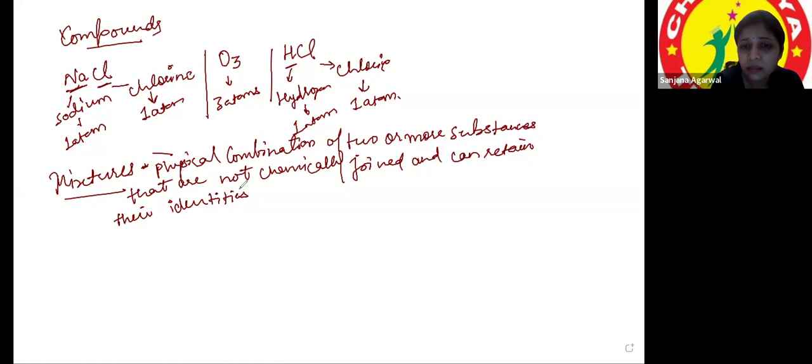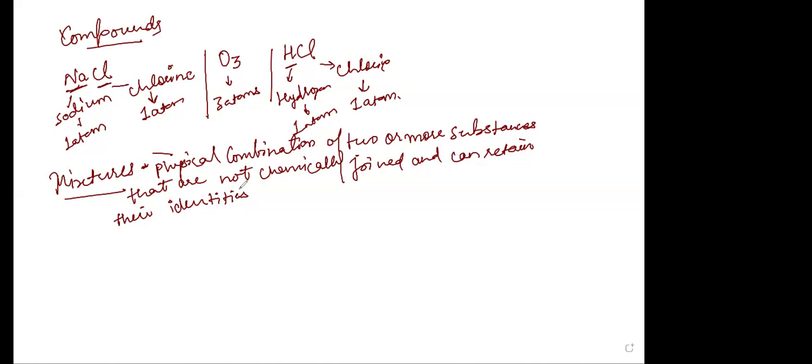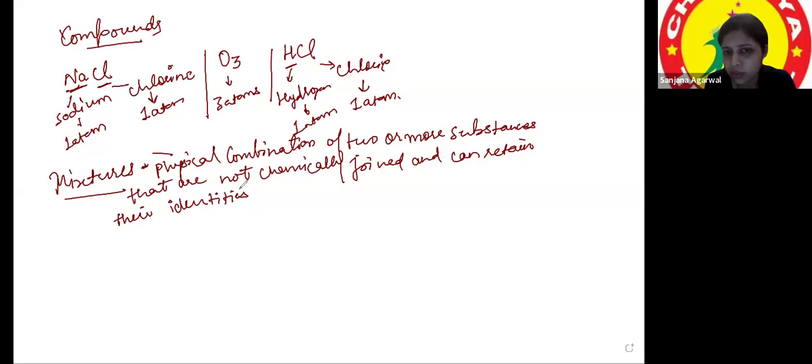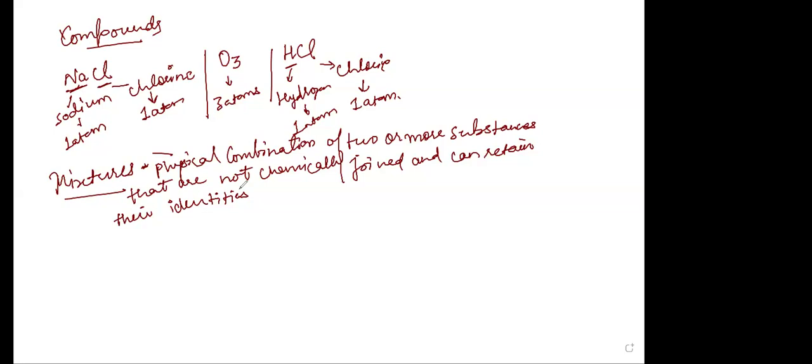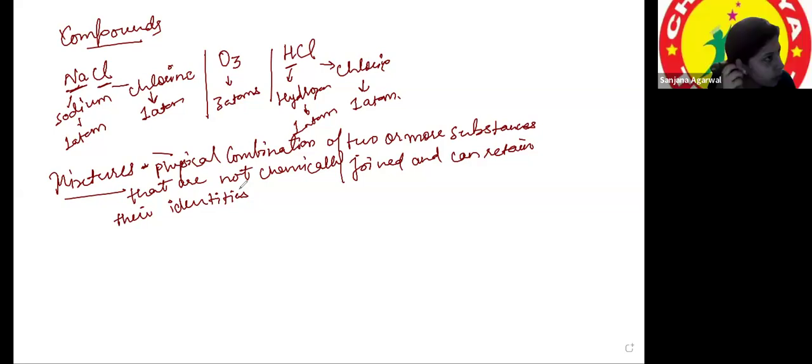It is almost same as compounds, ma'am. Almost same as compounds, you are telling? You cannot say almost same. There's a big difference. Compounds have a definite proportion, and mixtures we are telling, if you mix sugar in the milk, if you mix lemon in water, all these are examples of mixture.